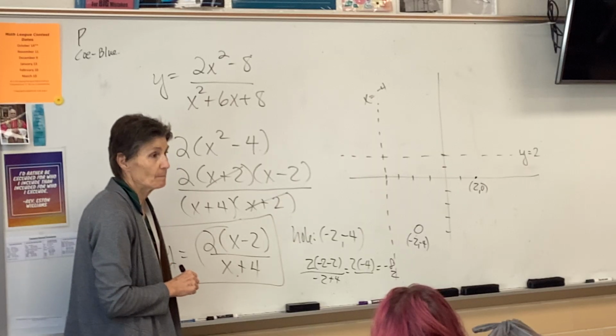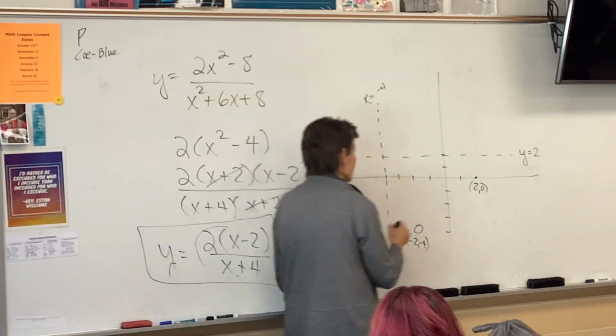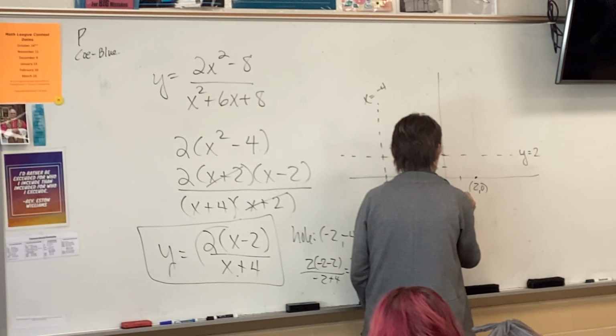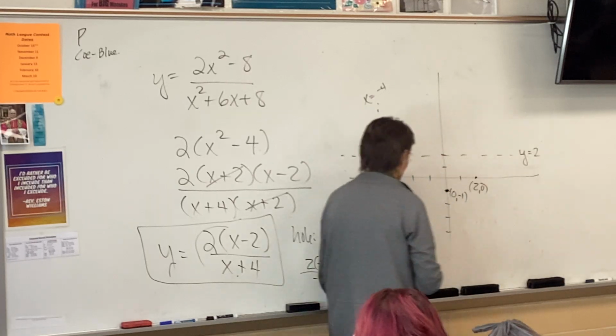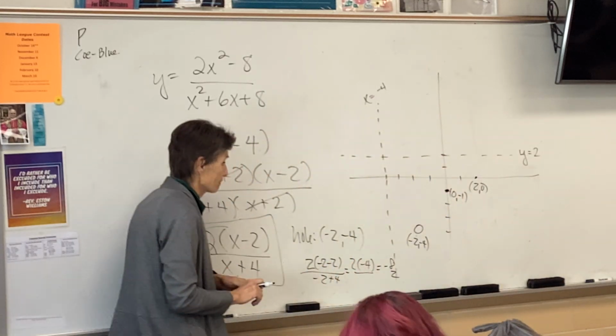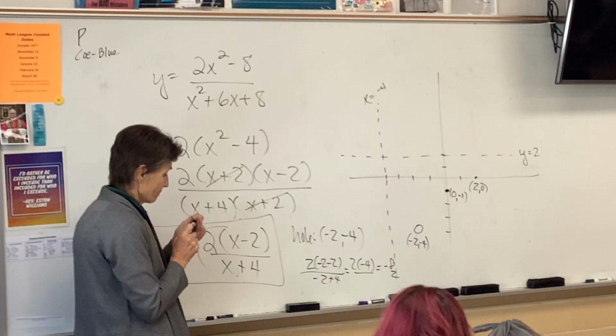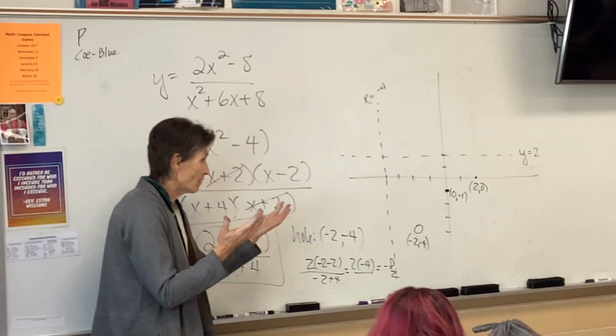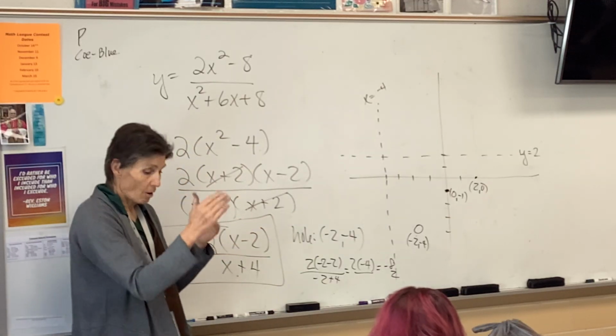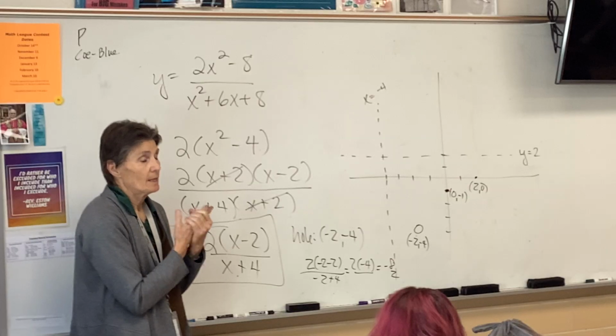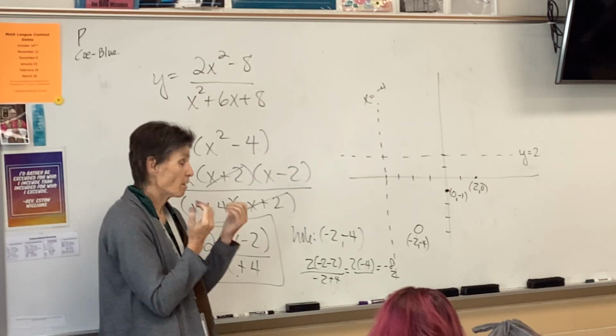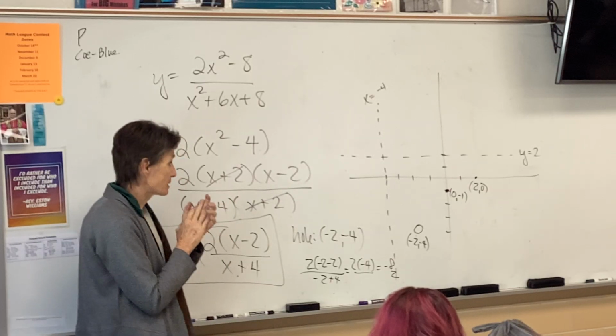What do you get? Negative 1. Very good. And once you have all that information, all the blanks are filled in, all you have to remember to do is draw the picture now, connect the dots.